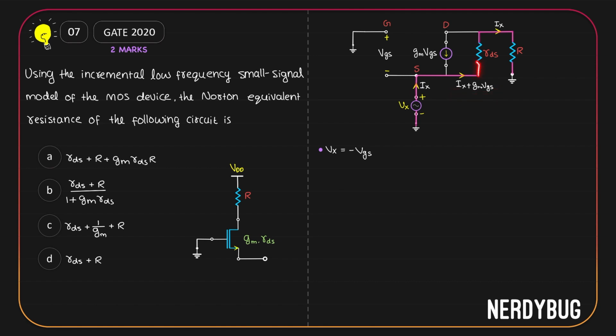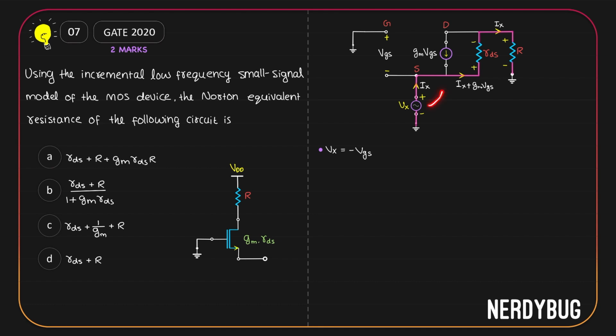It is flowing in this direction, so we have positive here and negative here. Potential will be (Ix plus GMVGS) multiplied by RDS. As we further go on, we have the resistor R, through which Ix is flowing in this direction. So it has positive potential here and negative here. The potential drop will be Ix multiplied by R.